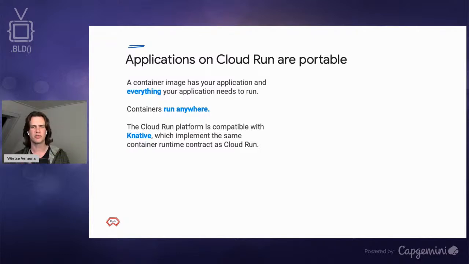And that's an open source project that you can install on top of Kubernetes, the container as a service thing. And it's an entirely different implementation of the same API, the runtime API. So this means that you can take your Cloud Run application to Kubernetes, and you get the same runtime behavior and the same API to deploy your application, but it runs on your own infrastructure, maybe even in your own data center or on your cluster of Raspberry Pis in your closet.